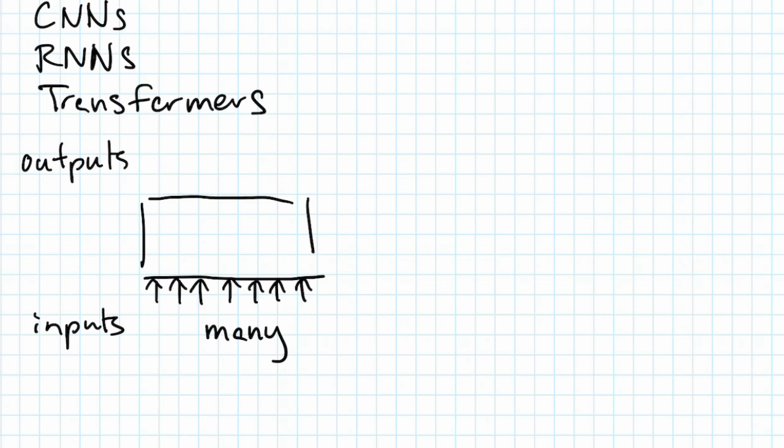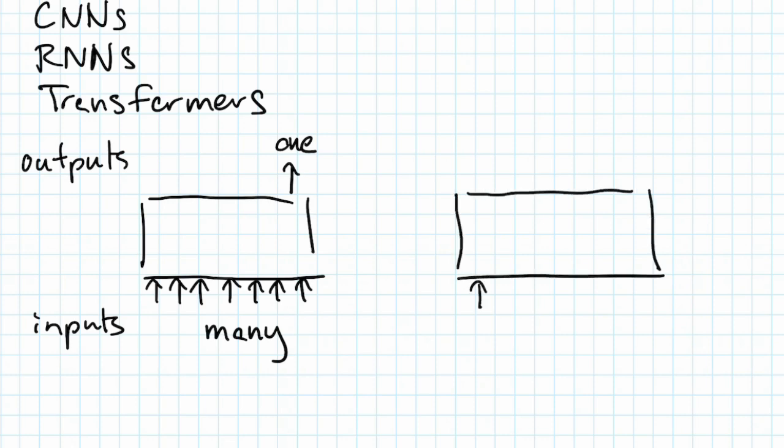And so, for example, we might have many inputs and one output, or we could have something like this, where it's many inputs and many outputs. Okay, so this is many to many.